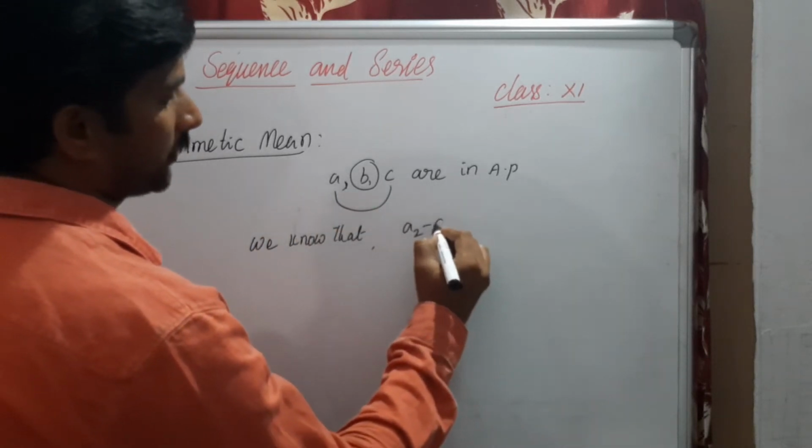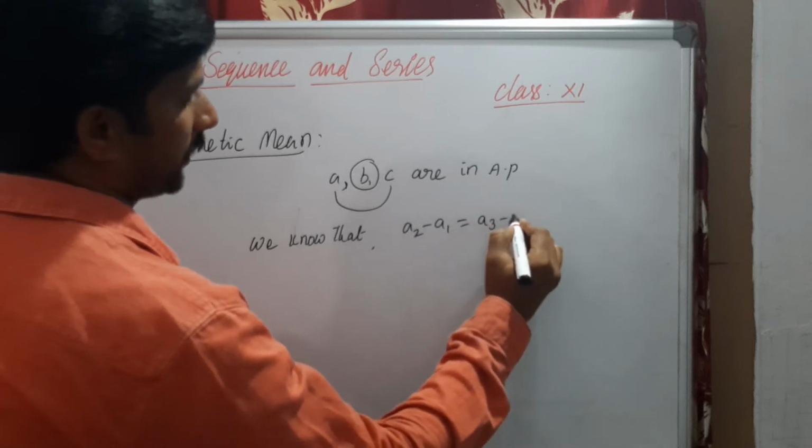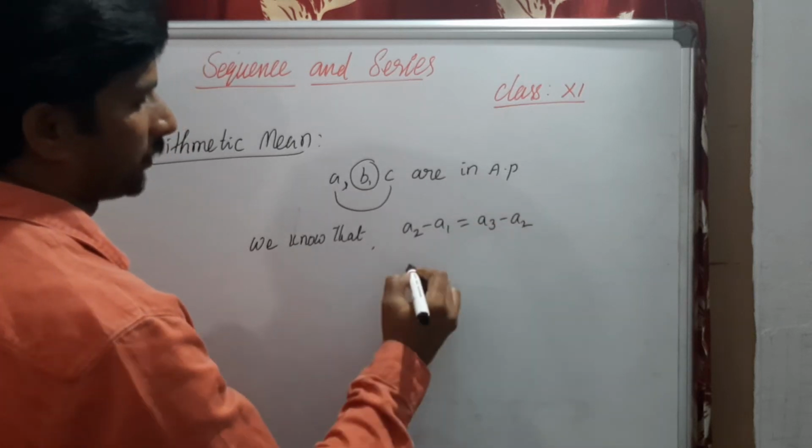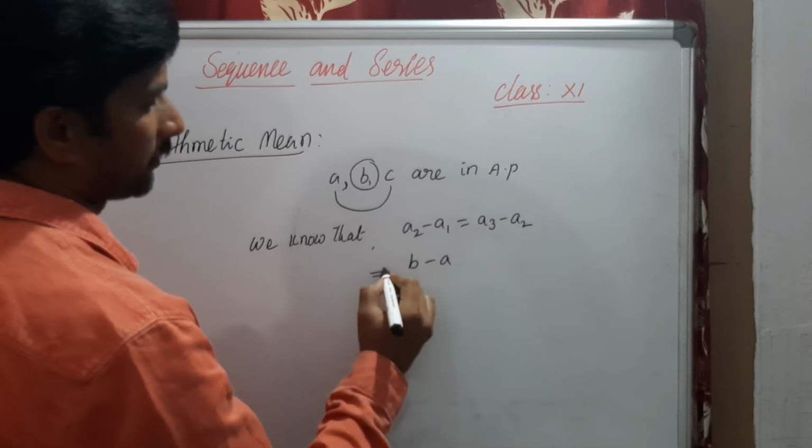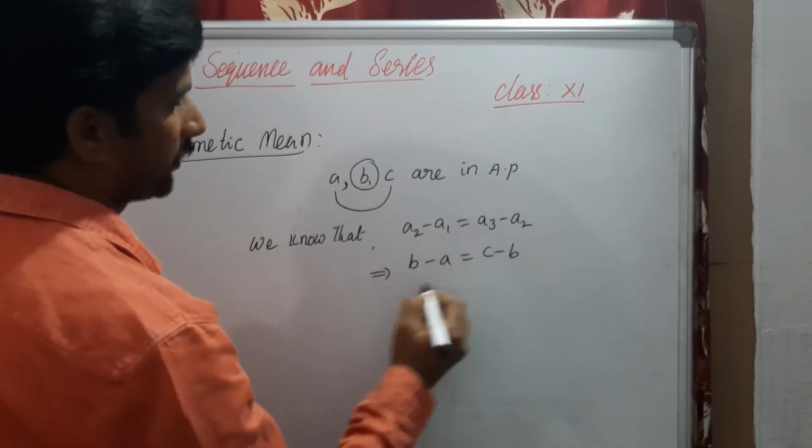So here a2 minus a1 is equal to a3 minus a2, which is B minus A is equal to C minus B.